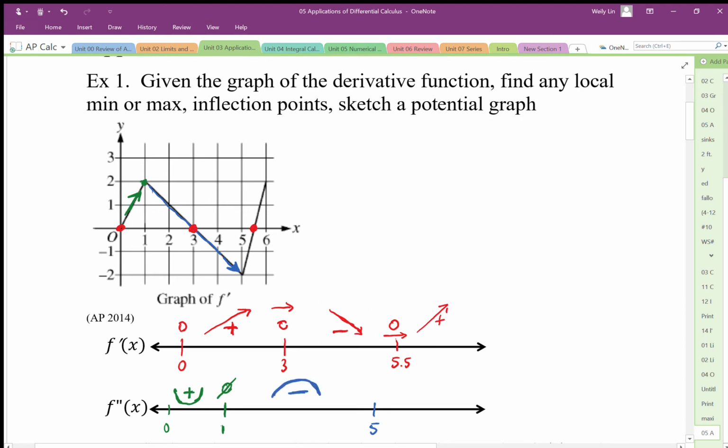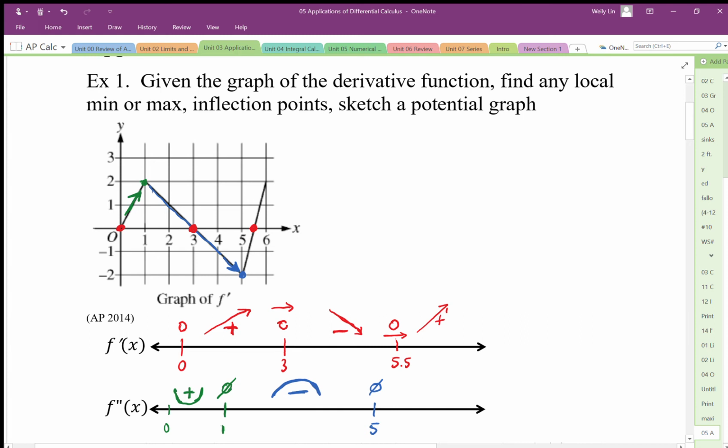If that's negative slope, that means the second derivative is negative. That means we have a negative concavity. So that 1 then represents an inflection point. Again, at 5, we're talking about the slope of the slope, so the slope value of the slope graph is undetermined. So we're going to have an empty set there. We can't find that out.